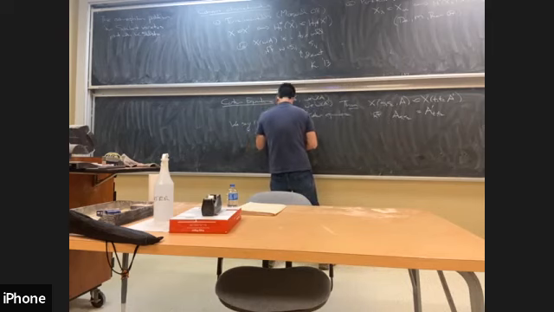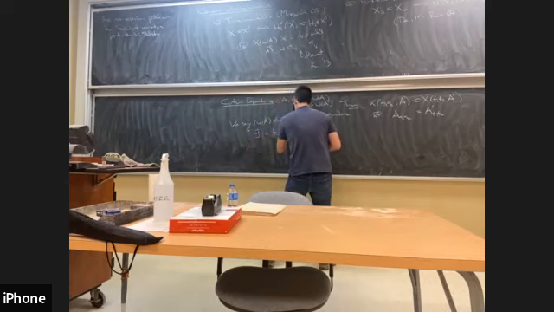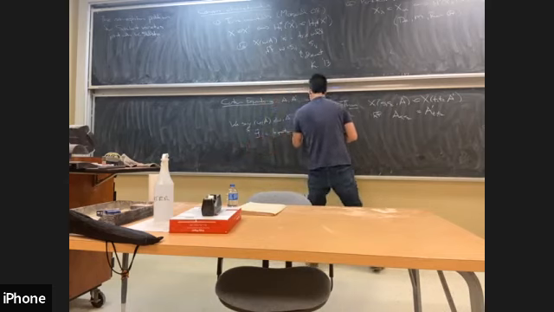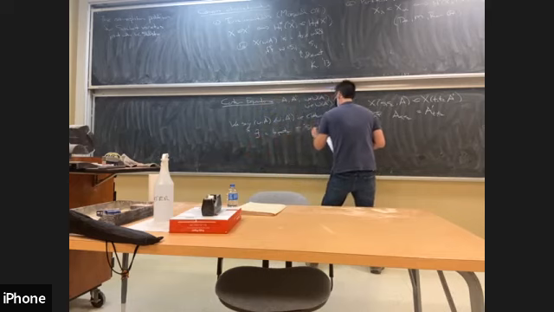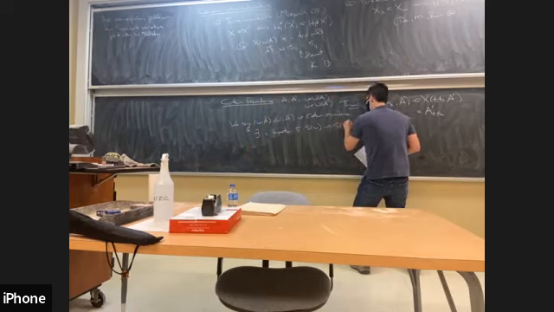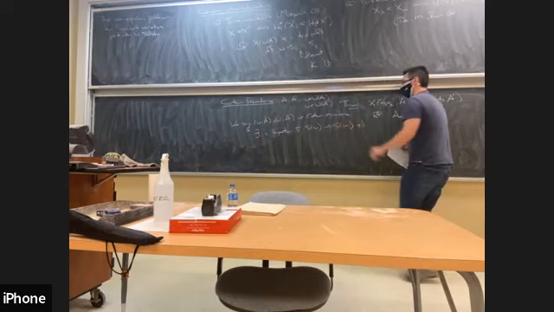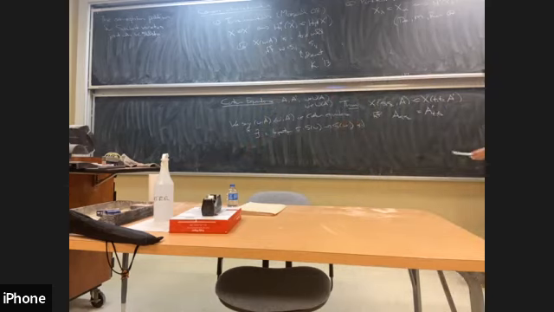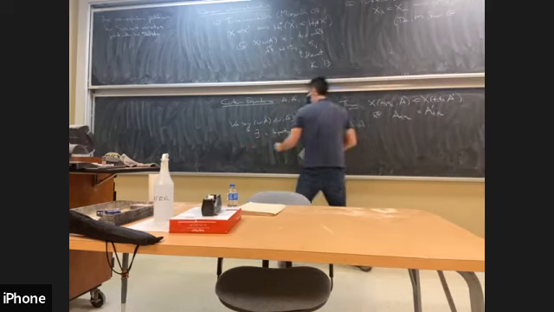there exists a bijection sigma from the support of W to the support of W prime. So there's this bijection between their support sets such that the following happens.